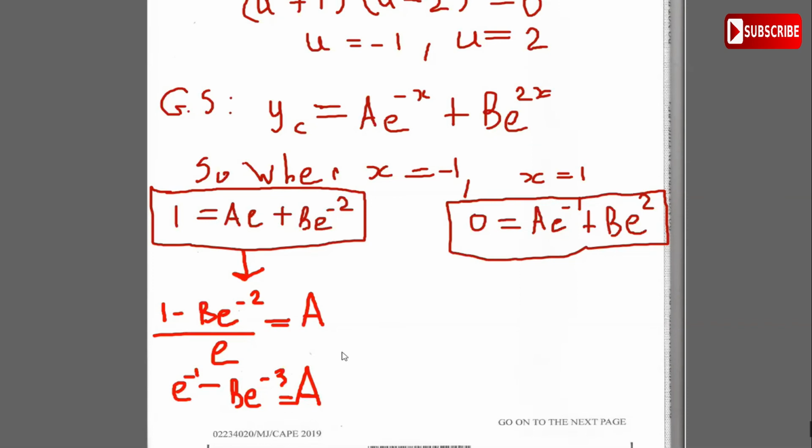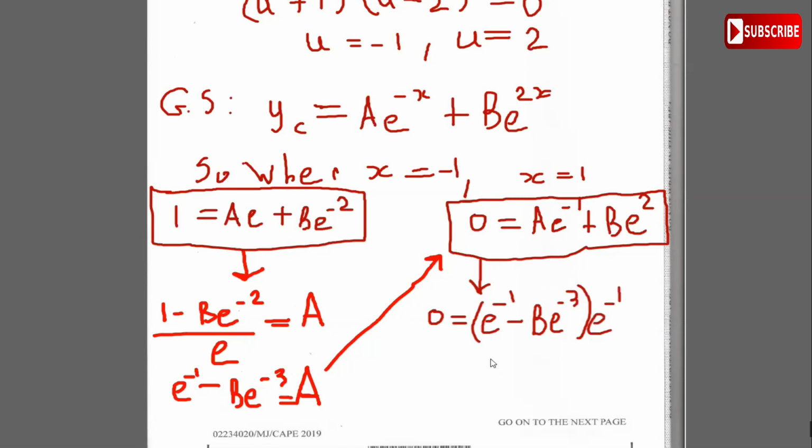Substitute that in here for A now. So I'm going to plug it into this equation. Substituting it, I'm going to get 0 is equal to e to the minus 1 minus B times e to the minus 3, and this is being multiplied by e to the minus 1, plus B times e squared.